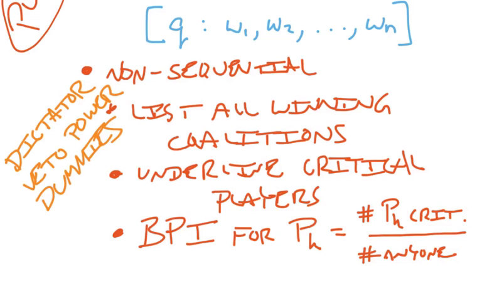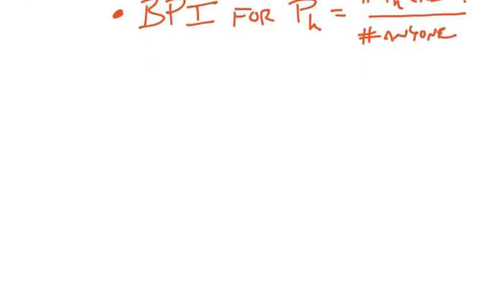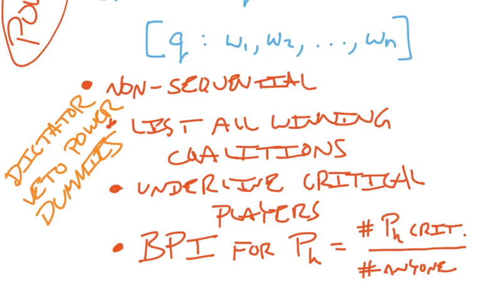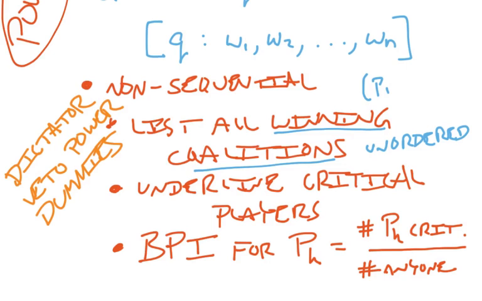All right, so these are the big ideas from the non-sequential case, where order did not matter. These winning coalitions that I mentioned are unordered, which means that we denote these with curly braces, if you remember.